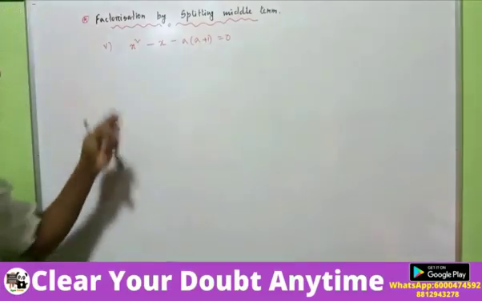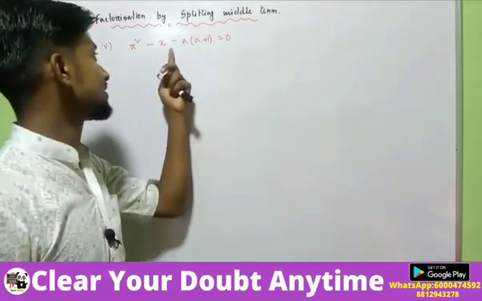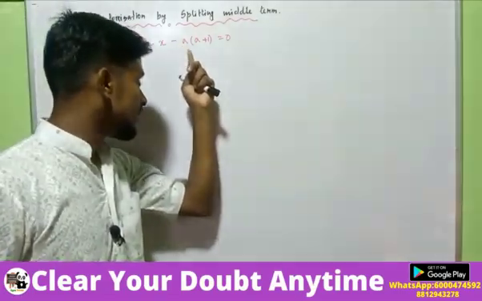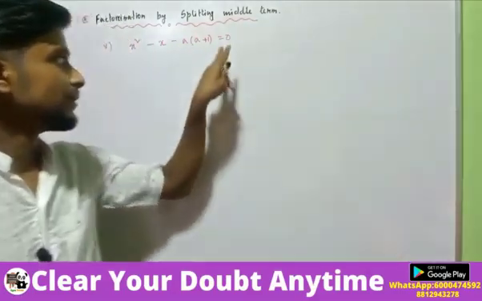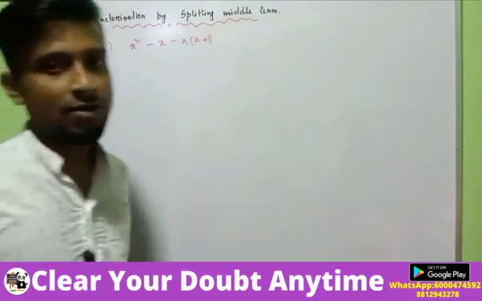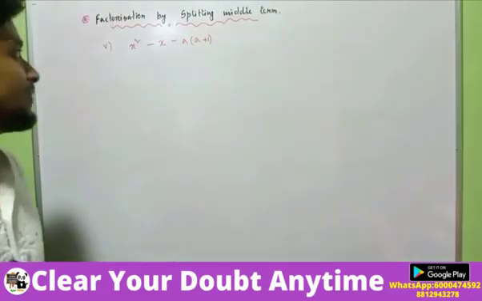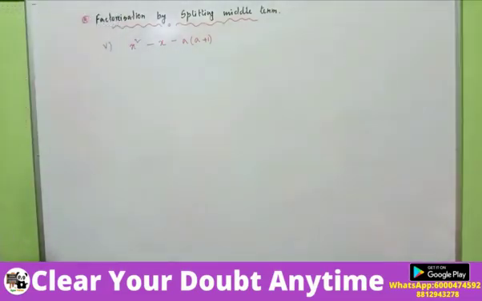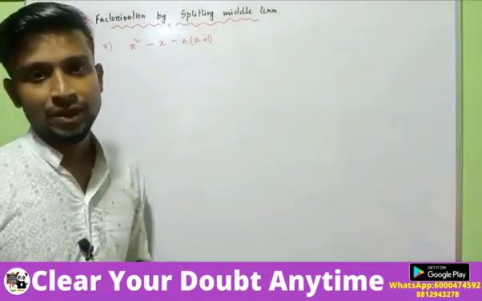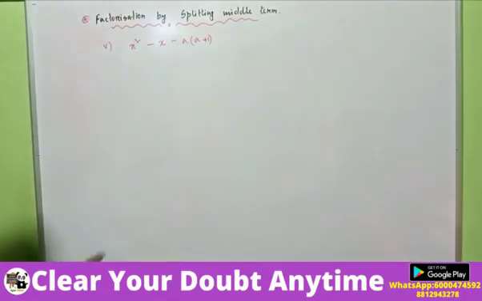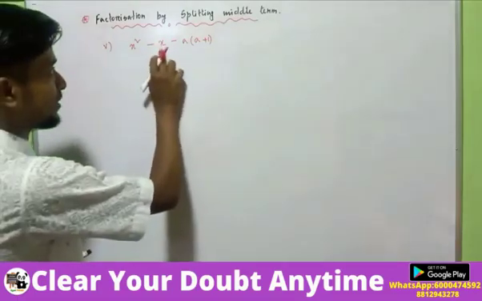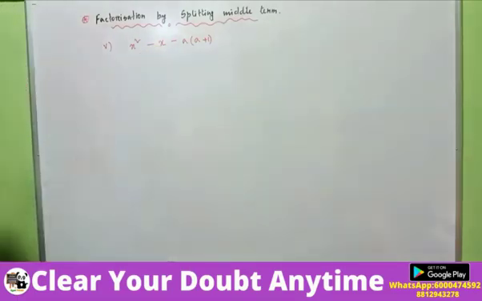So if we have a question like x square minus x minus a into a plus 1, how can we simplify? In this kind of problem also we can use the same concept. We have to split this middle term. Here the coefficient of x is minus 1.